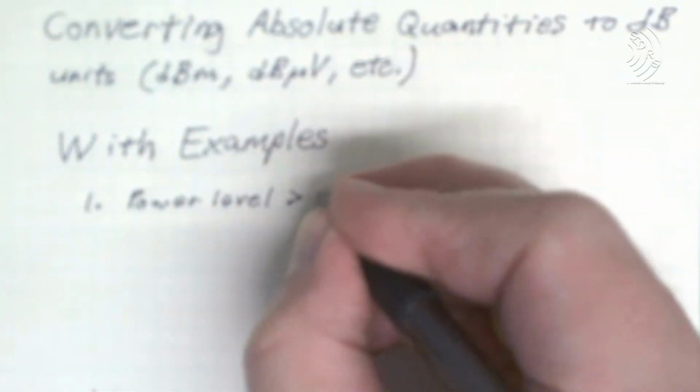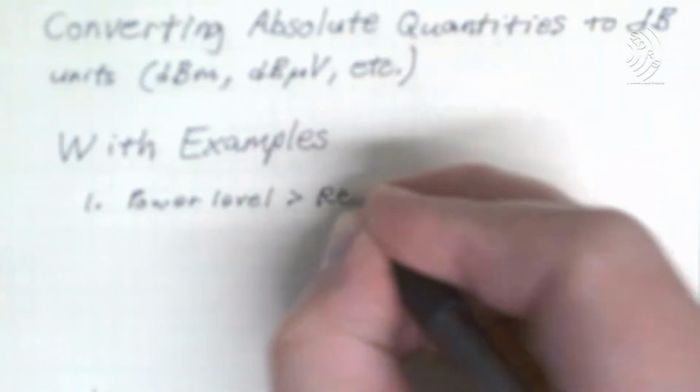First, we'll look at an example of an absolute power level where the power level is greater than the reference power.